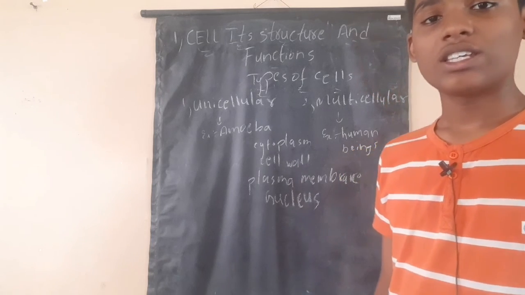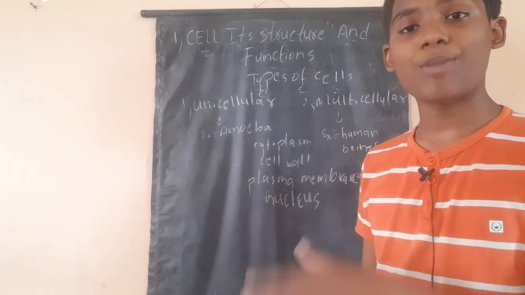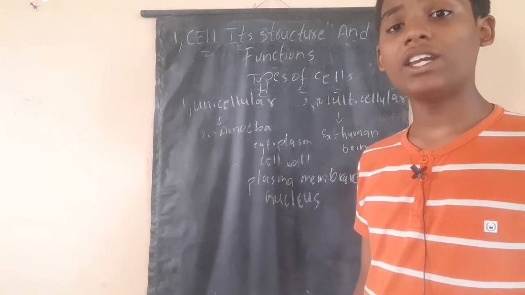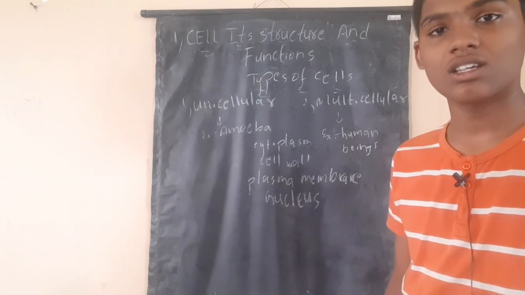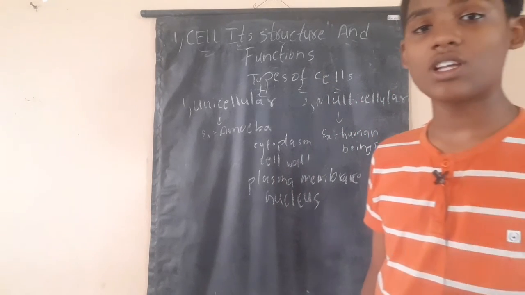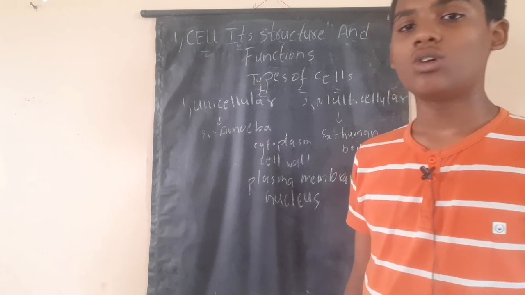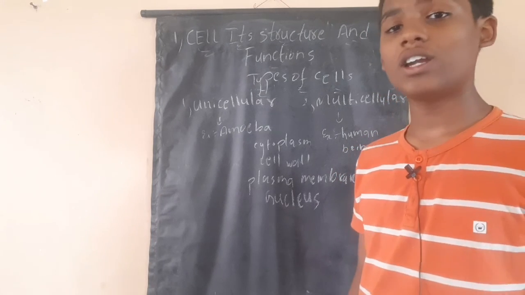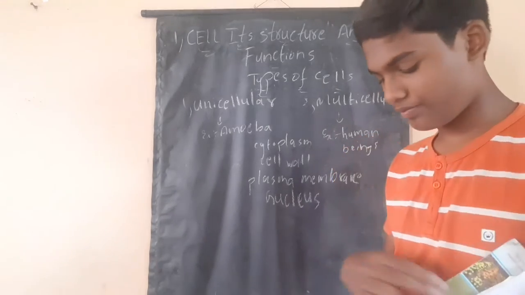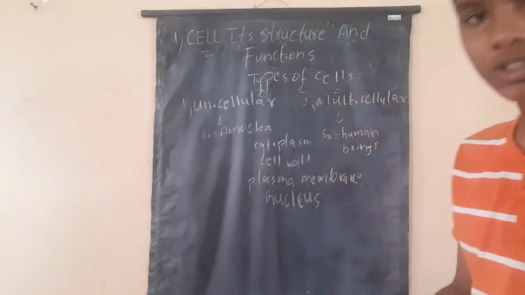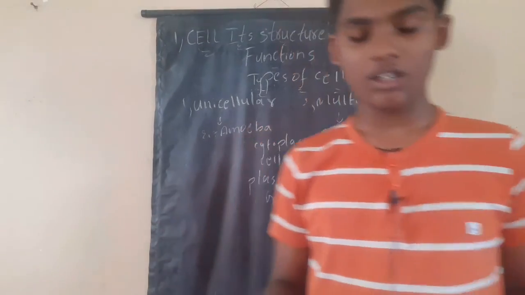But do we observe the same cells in plants and animals? Do plants and animals both contain the same cells? No. So let us see how they differ.